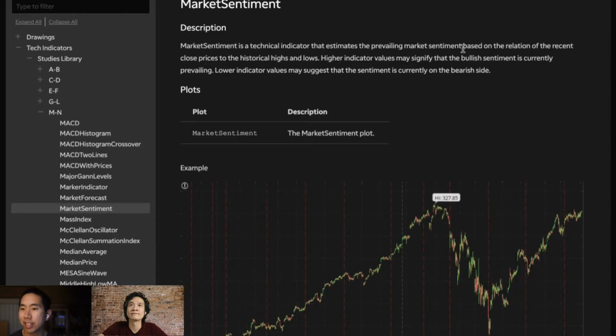And then market sentiment is trying to determine bullish or bearish, depending on the recent close prices relative to historical highs and lows. Cool. So we use these two components to help us understand what's trending and how to analyze and predict the future of the trend. Yep.